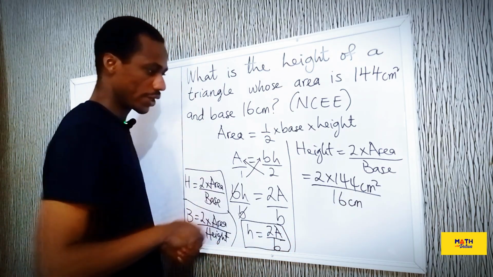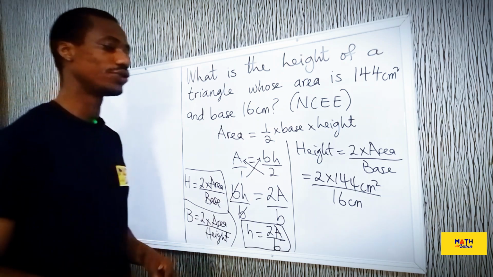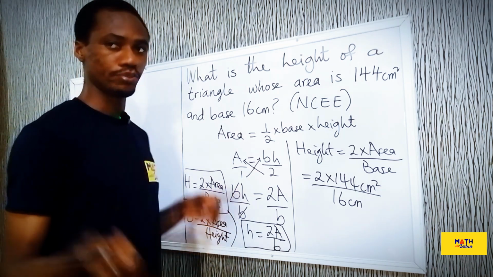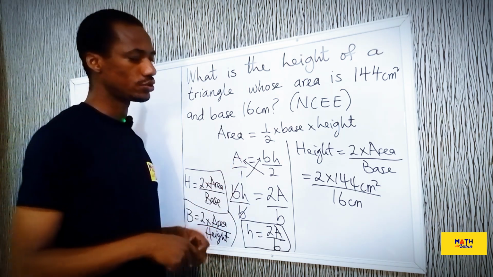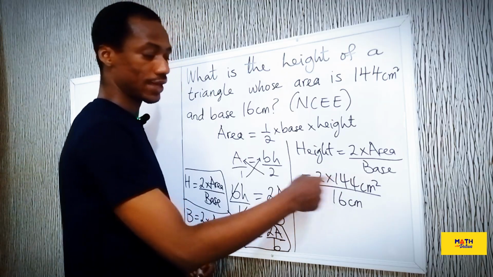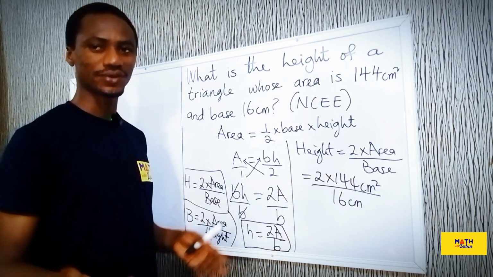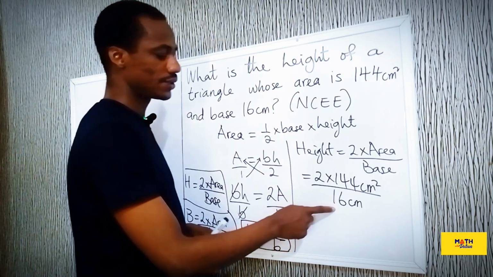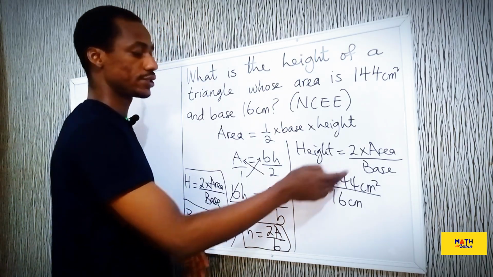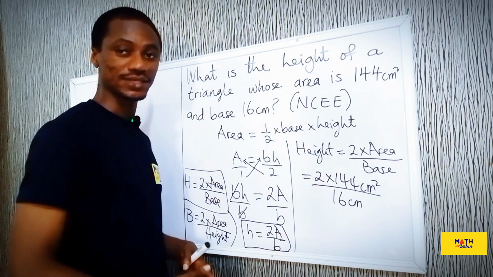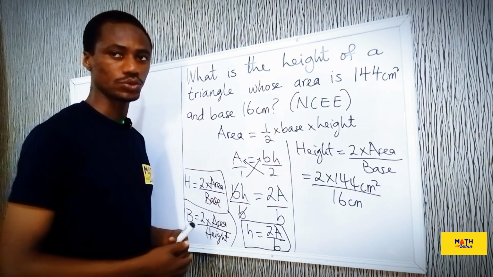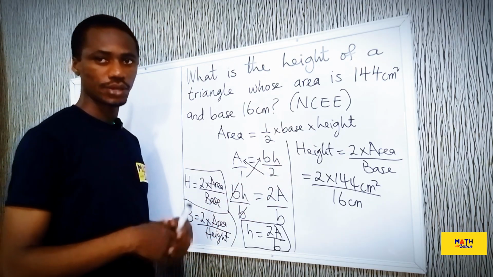At this point, you're free to use any method but one: don't bother to multiply this out. If you do, you're just making things bigger for yourself. You could divide 144 by 16, then multiply your answer by 2. Or you could just use division by cancellation.